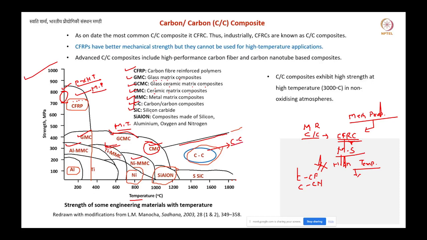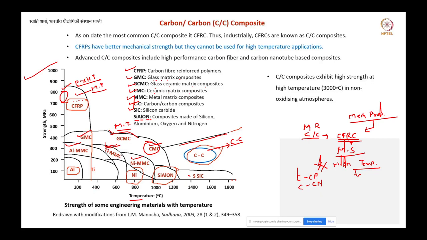Silicon carbide, here you can see. Silicon carbide's strength is very low, but it can sustain higher temperature. This is composites made of silicon, aluminum, oxygen, nitrogen. It has a mechanical property that is not very good, but the temperature resistance property is fairly good.